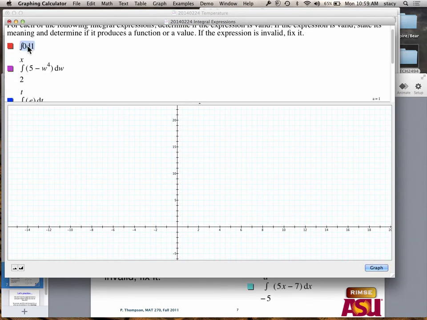Okay, hold on, let me fix it. Control-Shift-I gives you the integral, okay? So we went from -1 to 5. And do you want to know, okay, say it again.